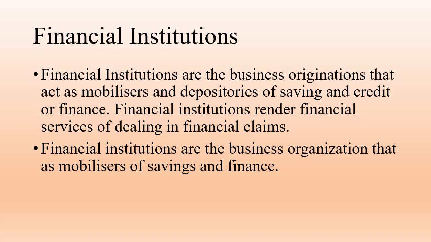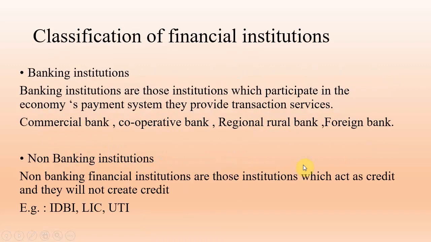Then other financial claims are also covered by banks and financial institutions. Financial institutions are business organizations that act as mobilizers of savings and finance. This is the important term. So next, classification of financial institutions.